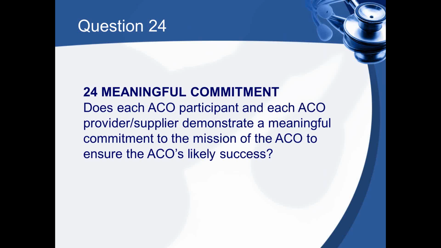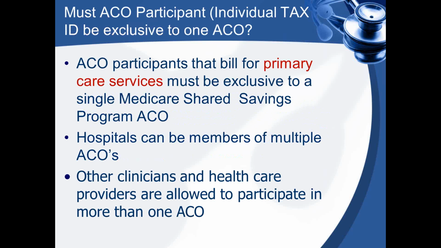It's all in or none in. And everyone that is a participant and a provider or supplier must have a meaningful commitment to the mission of the ACO to ensure its likely success. Meaningful commitment is defined as either financial or sweat equity, such as seeing patients, meeting quality, and meeting cost-effective goals.